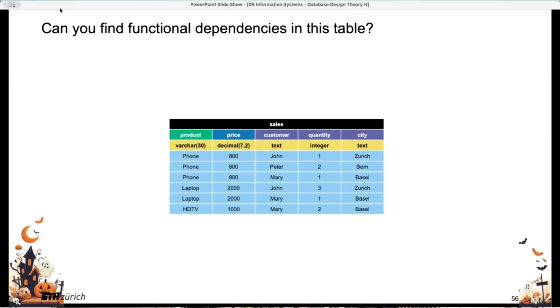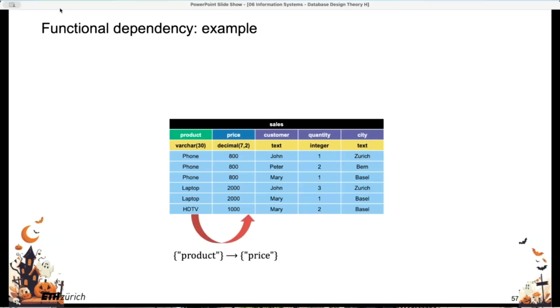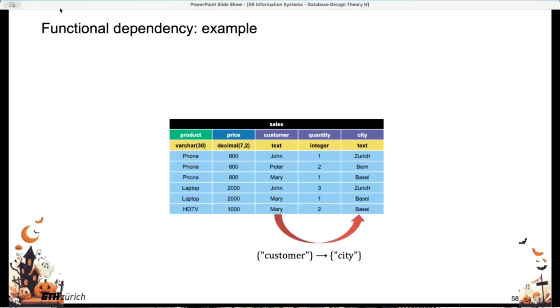If you have an actual web shop, you're going to have many people from the same city, right? There's not a single customer in every city in Switzerland. So if the table would evolve, then the only one that we would consider is customer functionally determines city. So that's the first one. Product functionally determines price. These are singletons then, and customer functionally determines city.